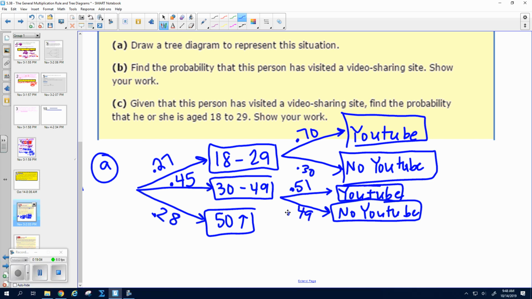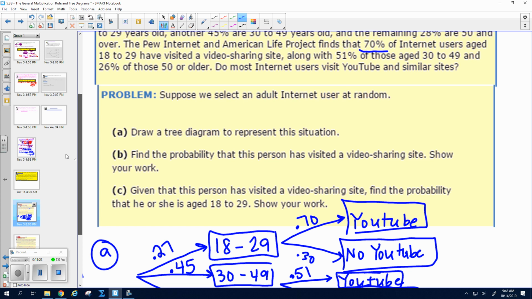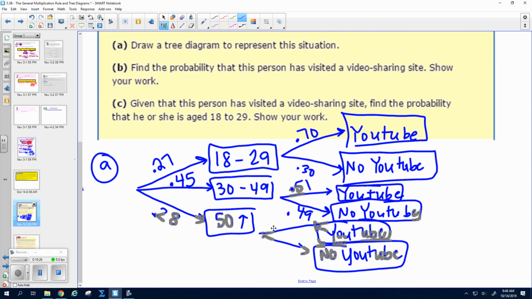And then we do our old people. YouTube. No YouTube. Okay, and for our older people, it says 26% have visited YouTube, which means that 74% have not.